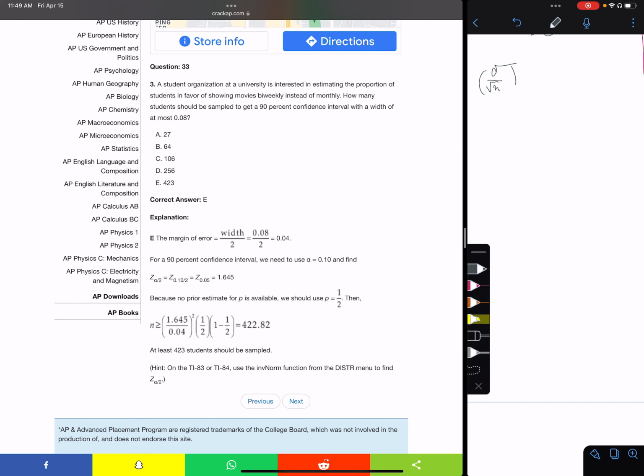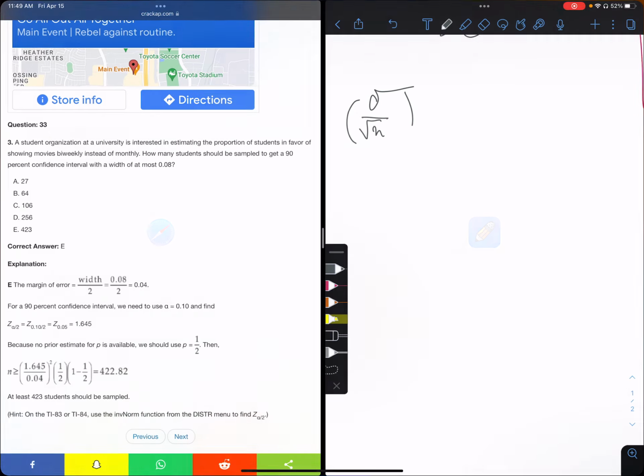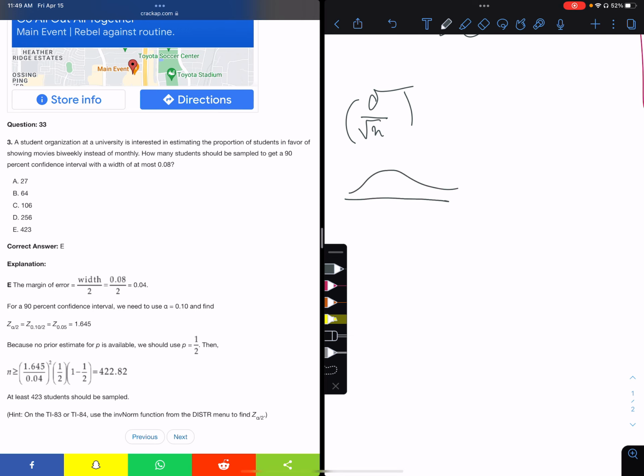So this is for percent. How many do you need? Oh wait, margin of error. Oh, because when you're on the table, right? You have to get both sides of that confidence interval. Because you have this curve, like this, and then there's stuff on both sides.